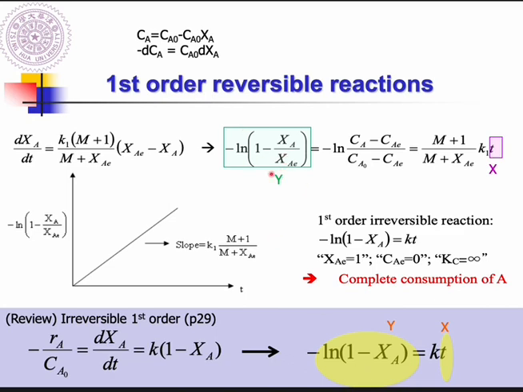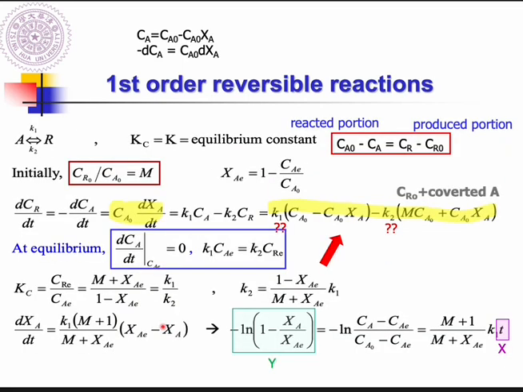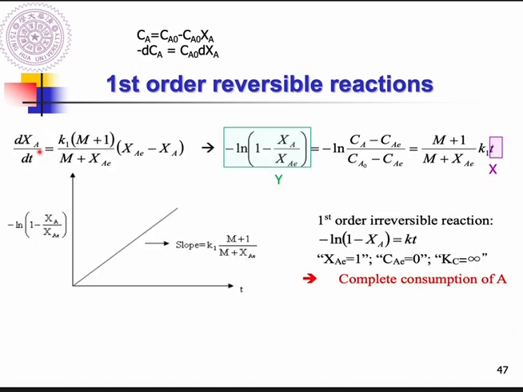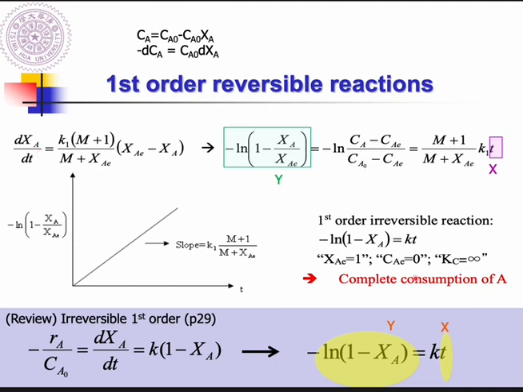when it is irreversible first order, what does this mean? Irreversible means the fractional conversion of reactant A at equilibrium will be equal to 1, right? Because the reaction goes all the way to the product. So in this case, XAE should be equal to 1. So your left-hand side will be the same, right?